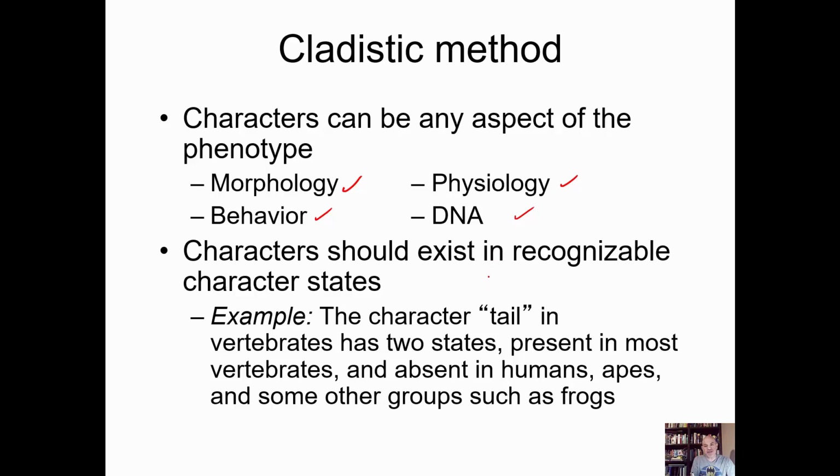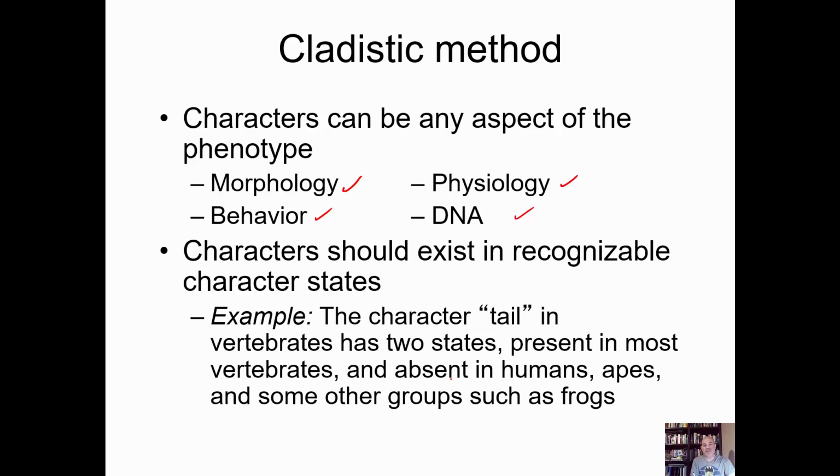In order to use these as characteristics, we must first of all be able to identify the character, and then the character has two states. One would be an ancestral state, and another might be a derived state. And so the idea is to define that. When we look at vertebrates, for example, tail might be a character we're looking at, and the presence of a tail in vertebrates was actually inherited from a very distant ancestor, so that would be ancestral.